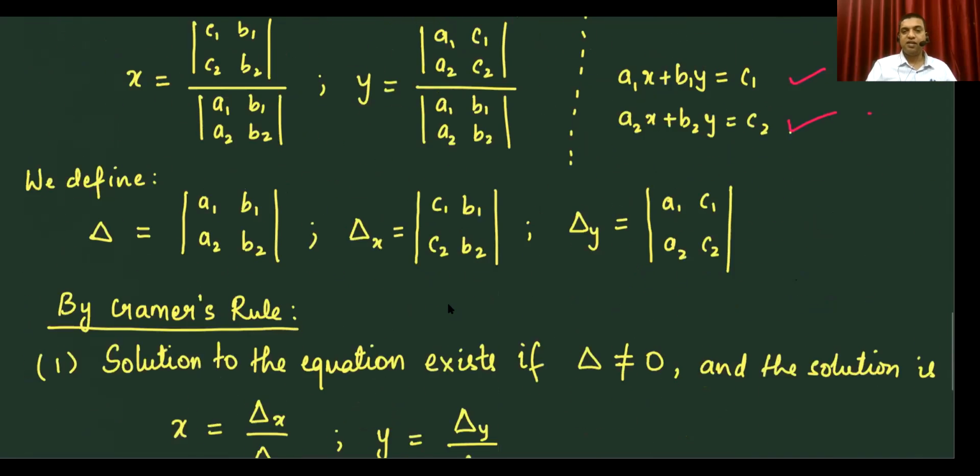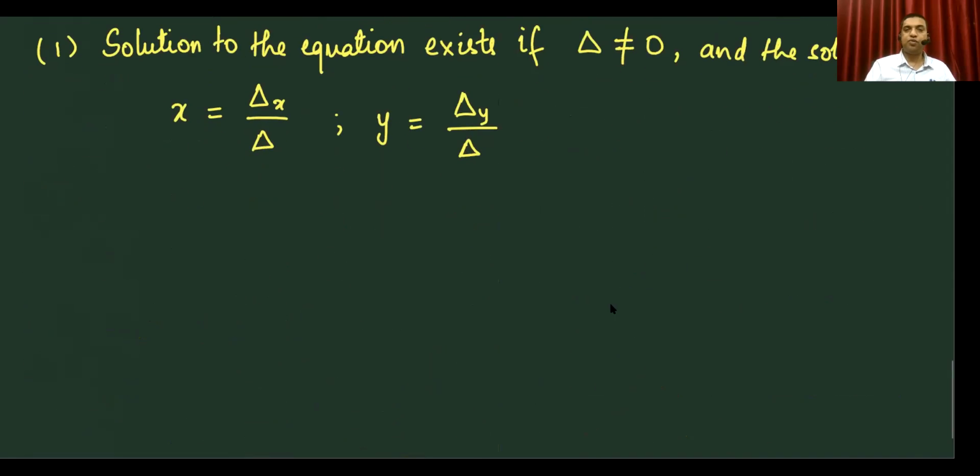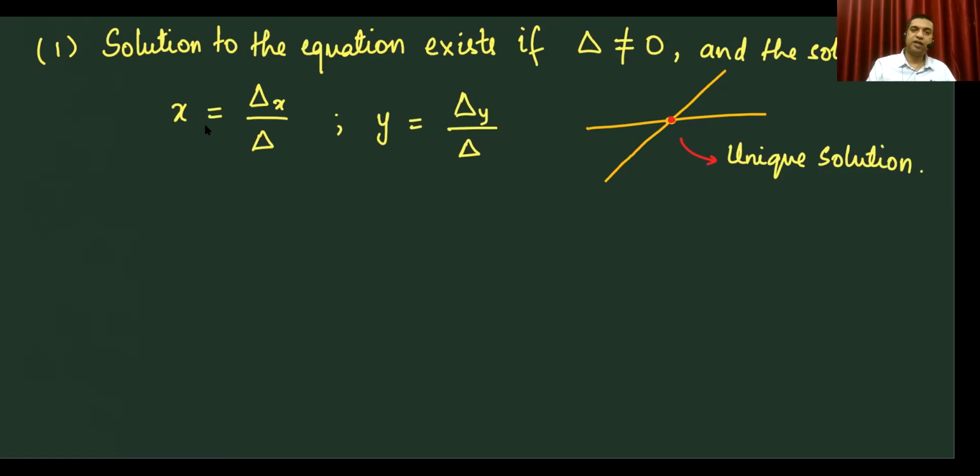So when delta is not equal to 0, it represents lines which are not parallel, and lines which are not parallel will intersect at a single point. You get a unique solution. All right, this is a case of a unique solution.